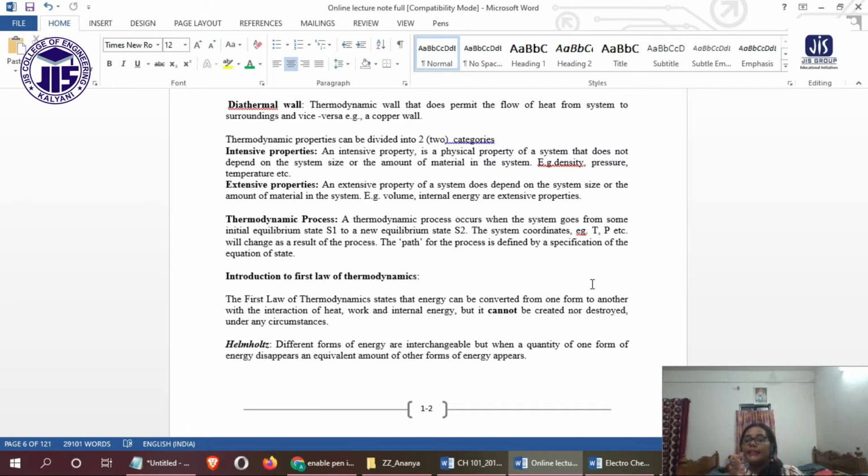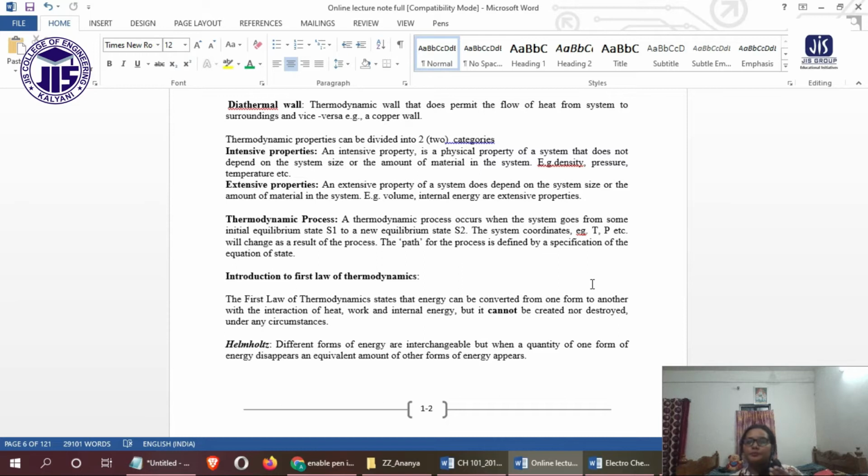But the extensive property depends on the system size, on the amount of material that we have in our system, like internal energy and volume. These are all extensive properties.